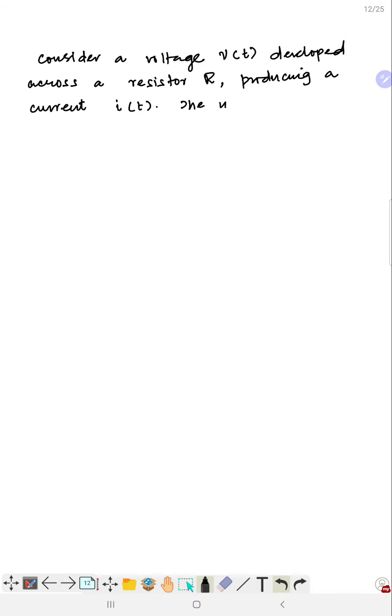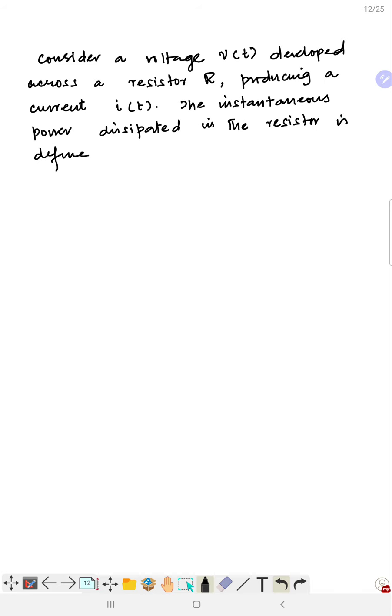So let the instantaneous power dissipated in this resistor, let us denote that by p of t.